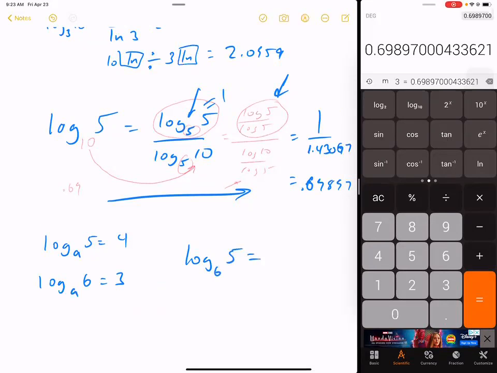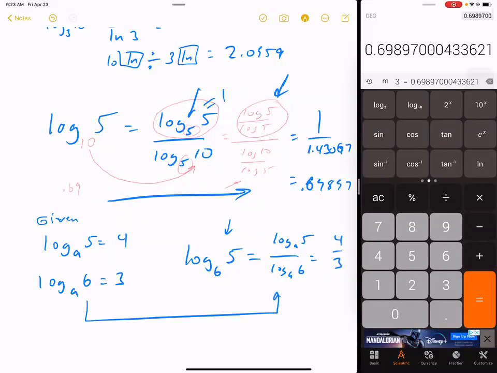They're giving you these, and they're asking you to find this. Well, change of base is log base A of 5 over log base A of 6, which is just 4 over 3. So they might give you some givens, and then you're going to have to rewrite it so you can use their givens.